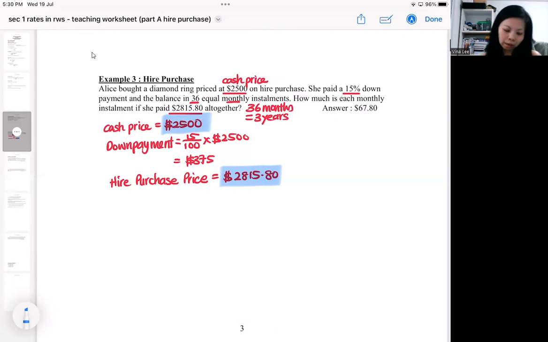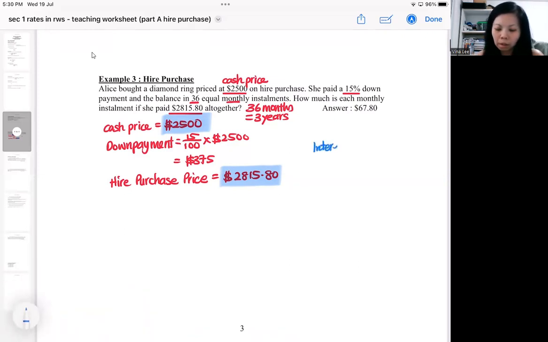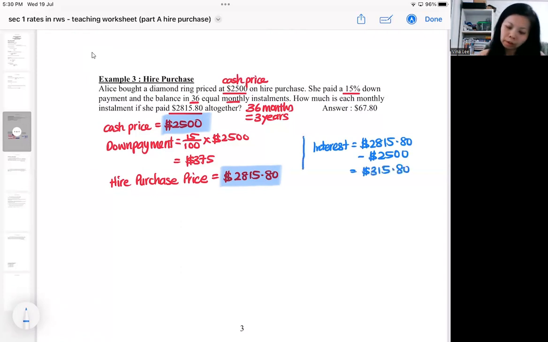That means how much she ends up paying extra. So you can just minus if the question actually asks for interest. But the question didn't ask you for the interest. This is just something extra.